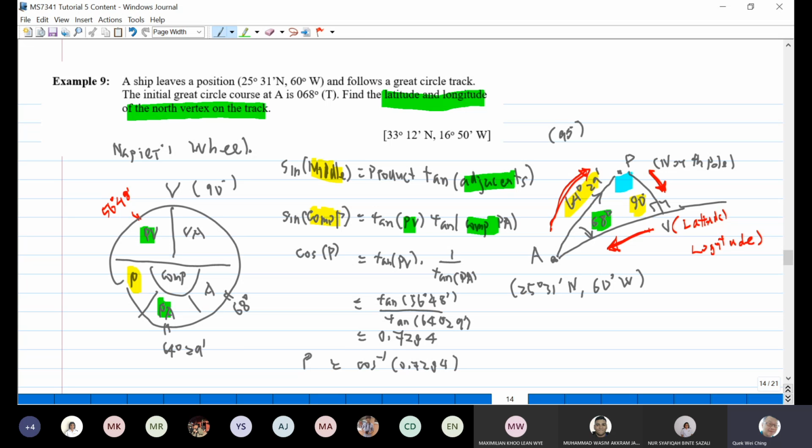Shift cosine inverse, answer: 43 degrees and 10 minutes.